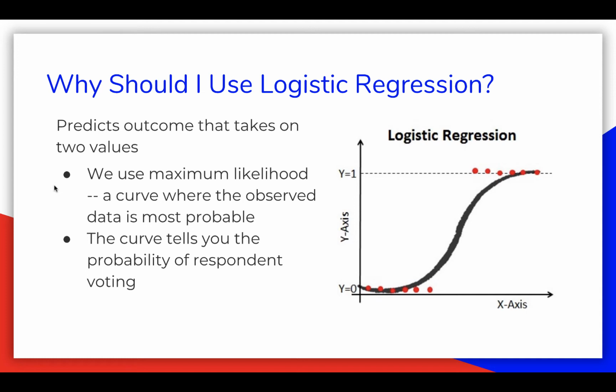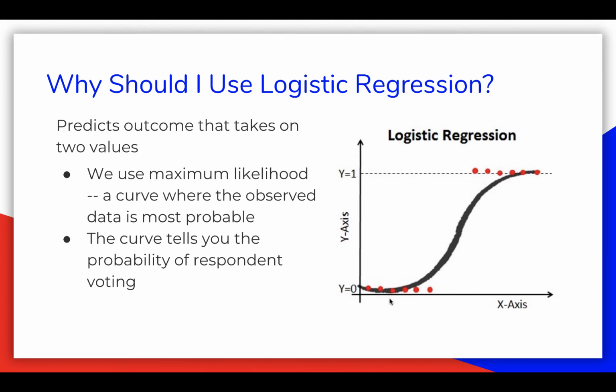So why should we use logistic regression? Because it can help us predict an outcome that takes on only two values, 0 or 1. You'll notice here this curve, which is essentially the line of best fit, or in this case a curve of best fit, through our data.